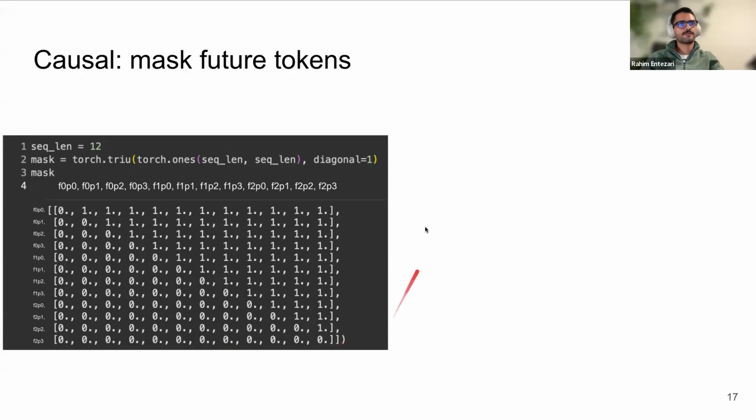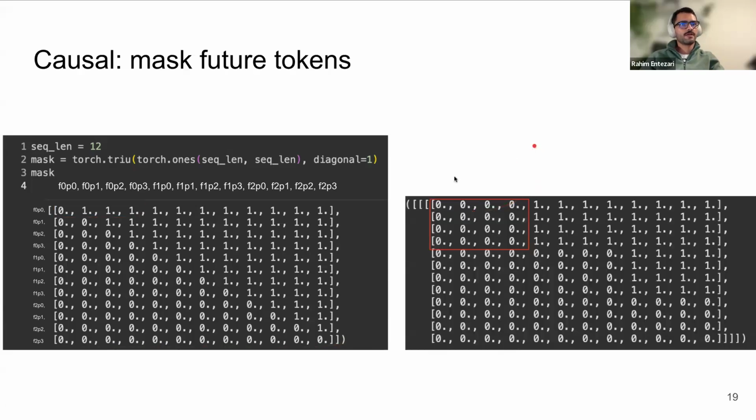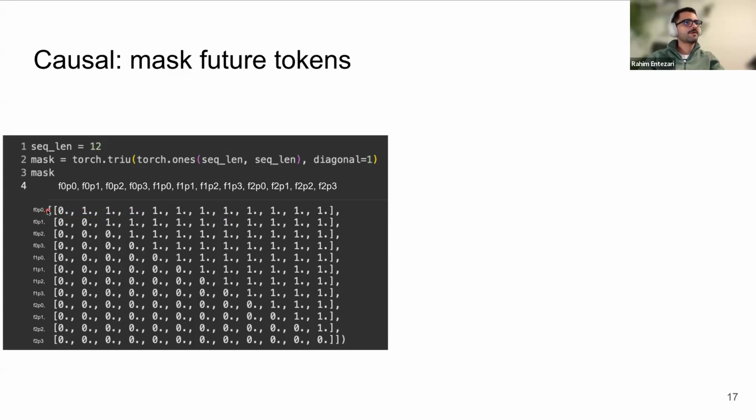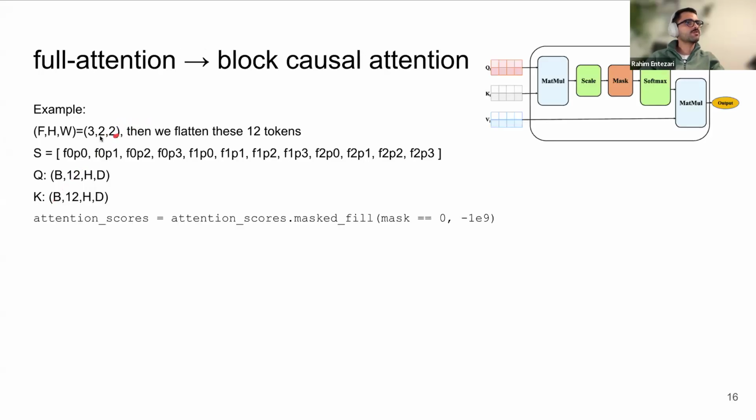But the problem is that for video or an image, this is not true. So what are these tokens? Assume that these are the tokens from one image, right? This is the first token, top left, let's assume. And then the next token. These are the 4 tokens from a single image. Remember, 2x2 patches.